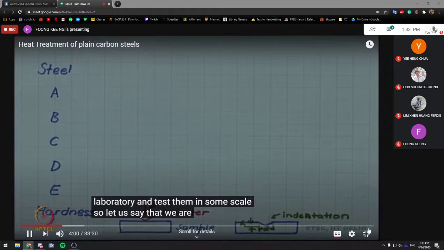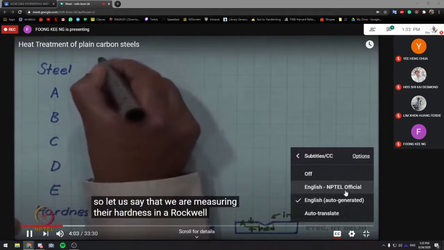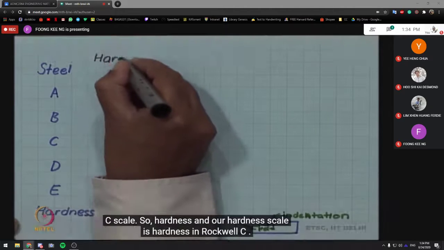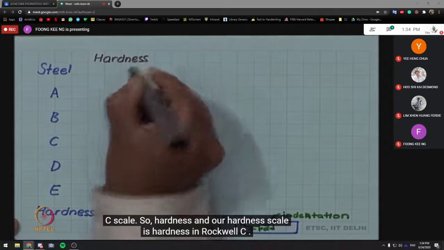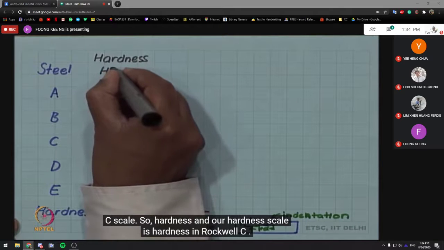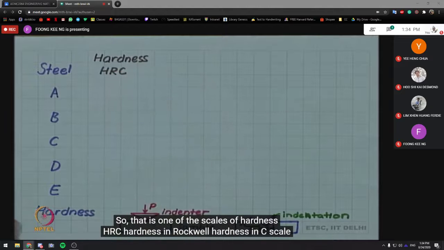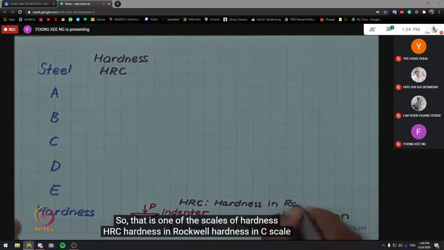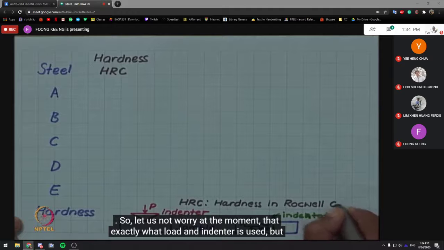So let us say that we are measuring their hardness in a Rockwell C scale, HRC. That is one of the scales of hardness.